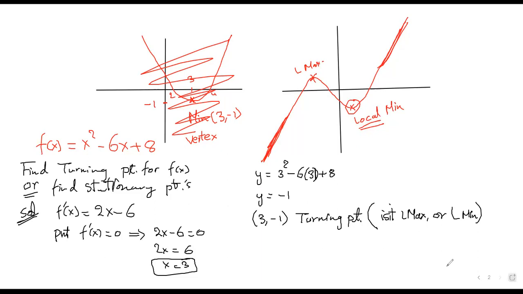So mathematicians have invented another method to find the nature of the turning point. Is it maximum or minimum? They say we have a test to distinguish between maximums and minimums for a turning point.